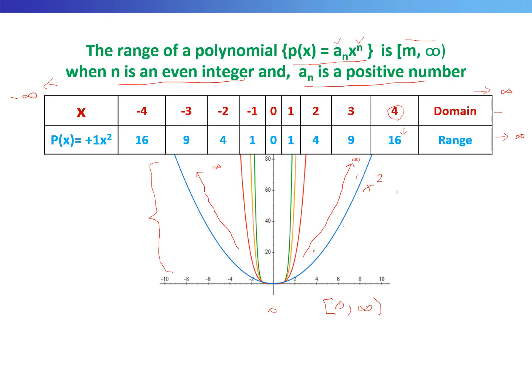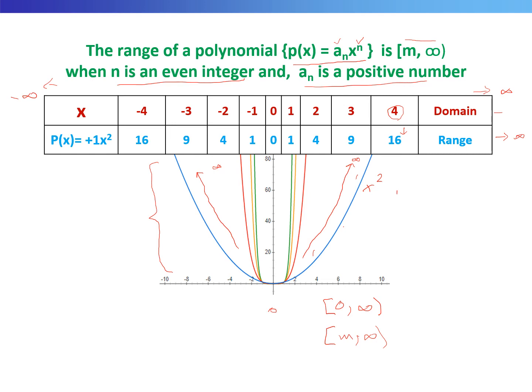But 0 is what is known as m. M is the absolute minima. So this 0 is the absolute minima because it is the smallest value on this curve. So it is m comma infinity. So this proves the case also using the graph of the function.